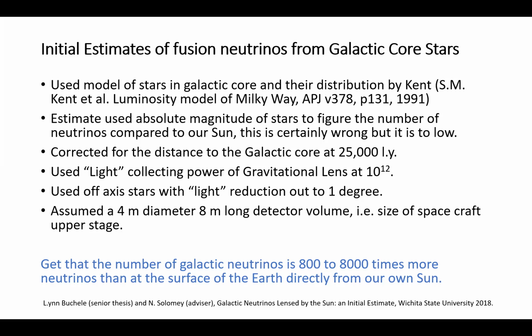These are two numbers that we feel confident in for this estimate. And like I said, we're certainly low because we used the absolute magnitude of stars, and we didn't take into account the entire neutrino collecting power of the gravitational lens going through the limb of the sun, which buys you another couple orders of magnitude. So it could be bigger by at least 2 orders of magnitude than 800. It could easily be 80,000.